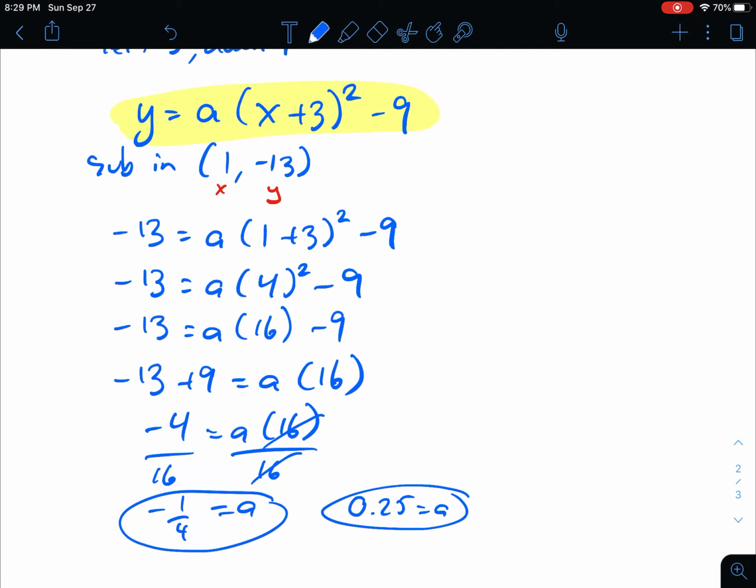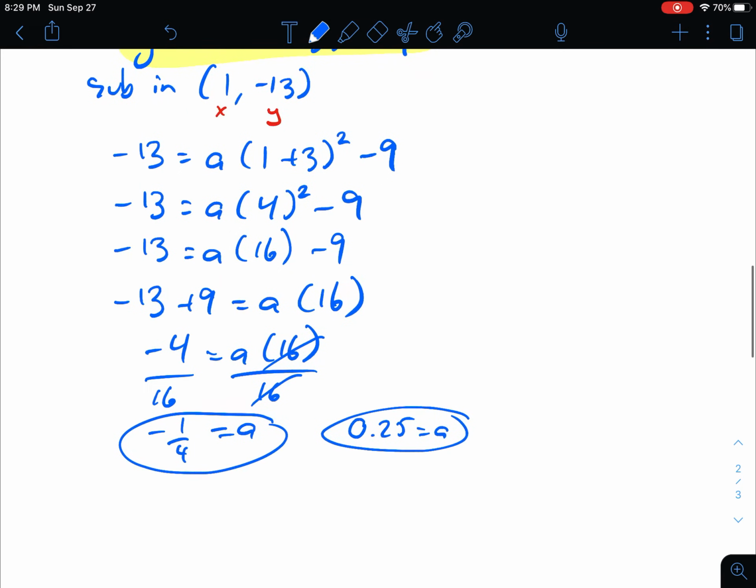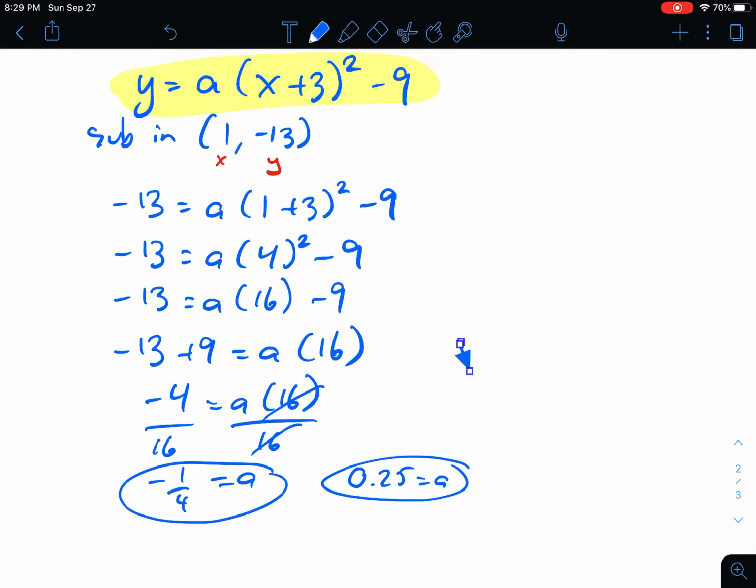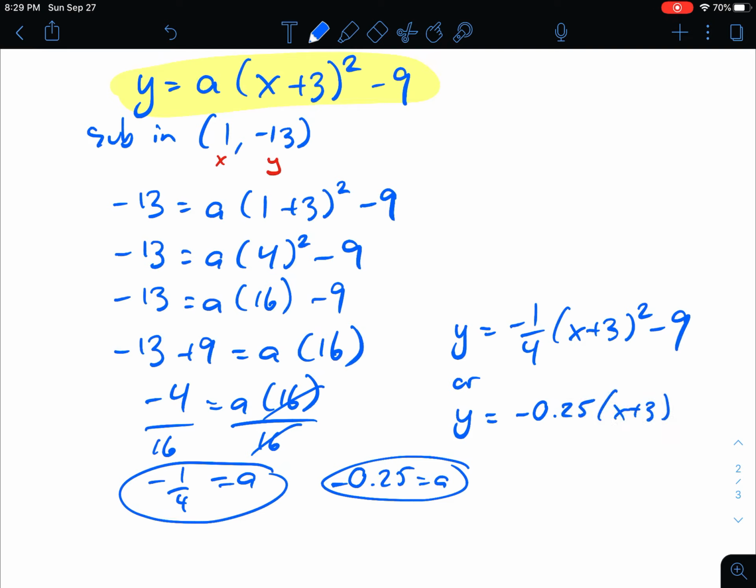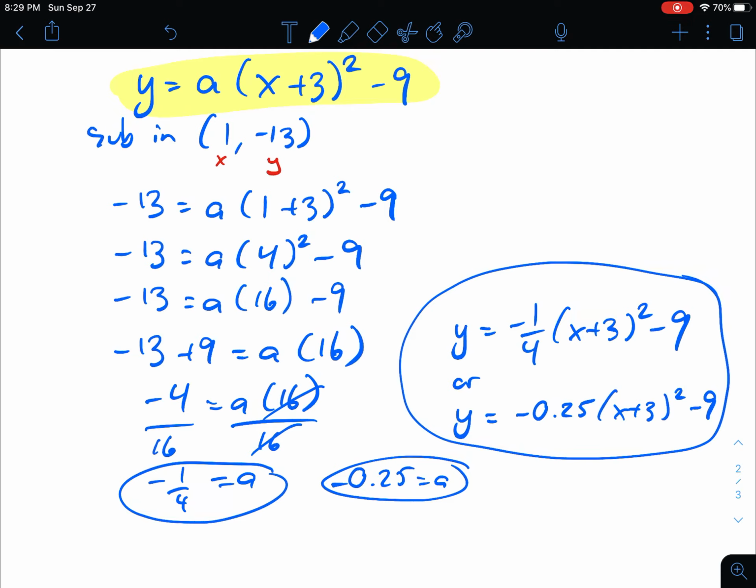So we would then write y equals -1/4 x plus 3 squared minus 9, or y equals -0.25 x plus 3 squared minus 9. And that's your answer right here. Either one of those would be acceptable. And that's how you would solve that.